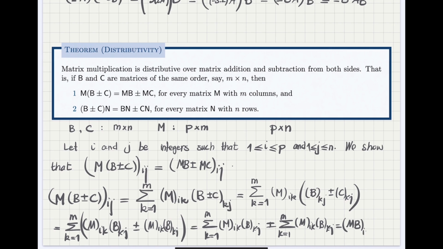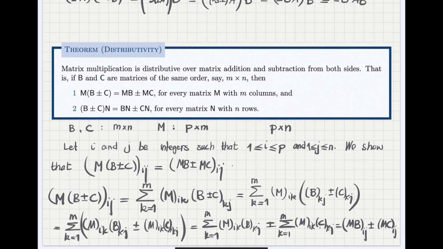entry number ij. For the same reason, the second sigma is M times, oh, I made a mistake. Sorry. This is not B, this is C. So this is C. This one is also C, not B. So the second one would be this.